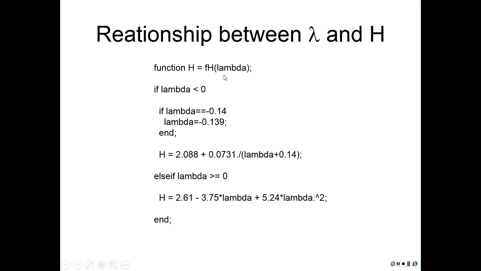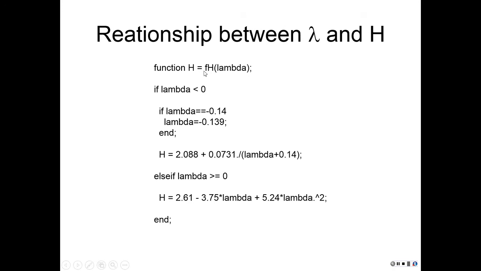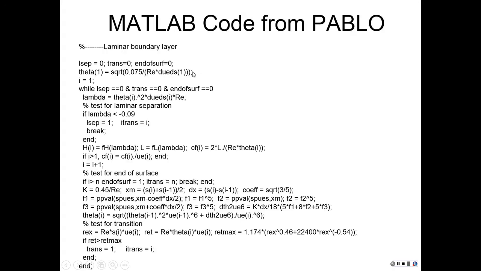So if you know the lambda, you can solve for H. So in the previous notation, that's what we are doing. Once you know lambda, you can solve for H. Likewise, if you know lambda, we can solve for shear stress at the wall. Then you can solve for the skin friction.